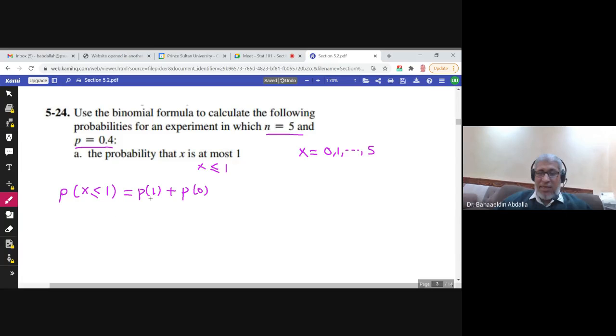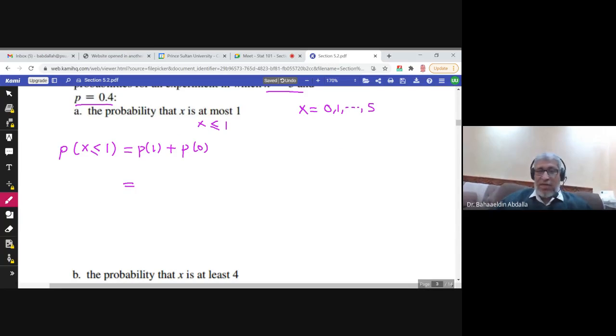Well, the probability of 1 is found using the formula. N, what is n? In this case, n is 5, X is 1, times p, what is p? 0.4, times q, what is q? 0.6, plus also 5 choose 0, times p, which is 0.4, times q, which is 0.6.